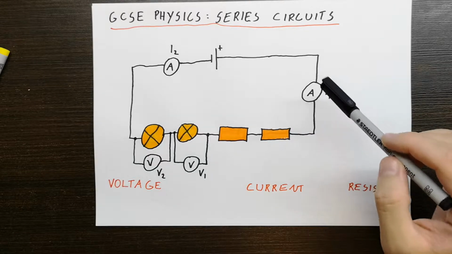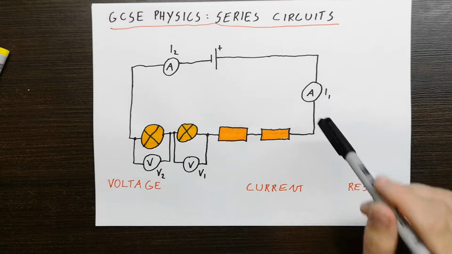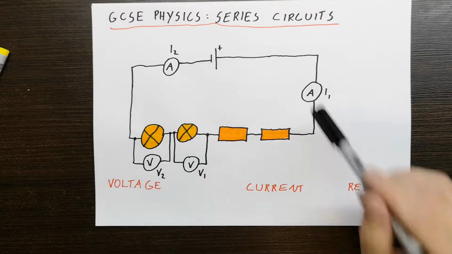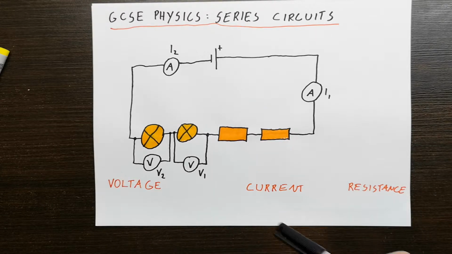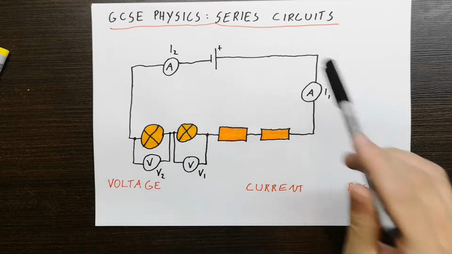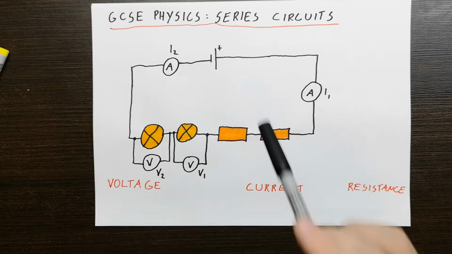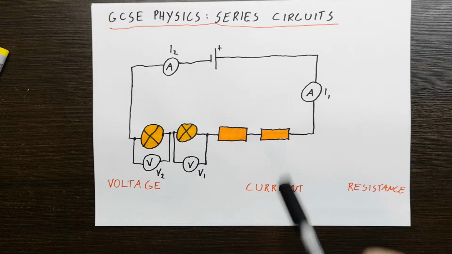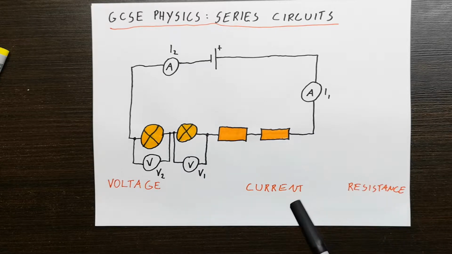So our charge goes through every bit of it, and everything is connected in a sequence, in series, one after another. In a parallel circuit, we would have a different situation where charge would split down two separate routes, whereas here, all of the charge needs to complete the same single route, and that's why it is a series circuit. Now, what do we need to understand?